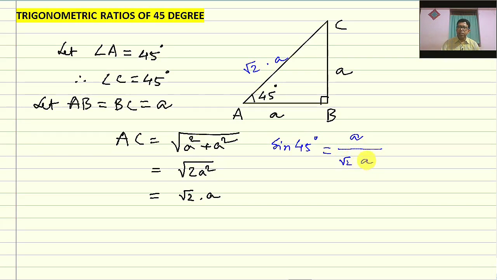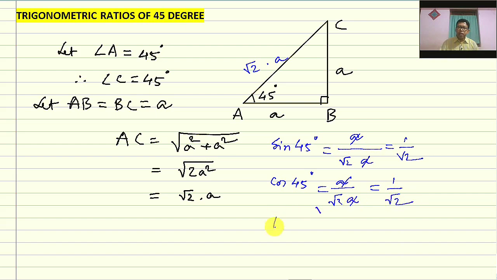Since a cannot be 0, because the length of any side cannot be equal to 0, you can cancel a and you are getting 1 upon root 2. Next is cos of 45 degree. Cos theta is equal to base divided by hypotenuse. So here AB is the base, so a divided by root 2 into a. You can cancel a and you will get 1 upon root 2.